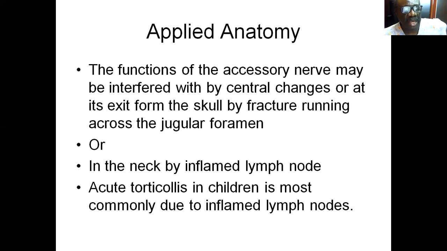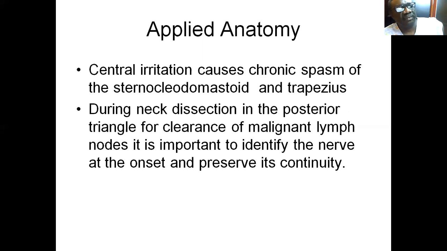You could have acute torticollis in children, for which the most common reason is inflamed lymph nodes. Central irritation causes chronic spasm of the sternocleidomastoid and trapezius.